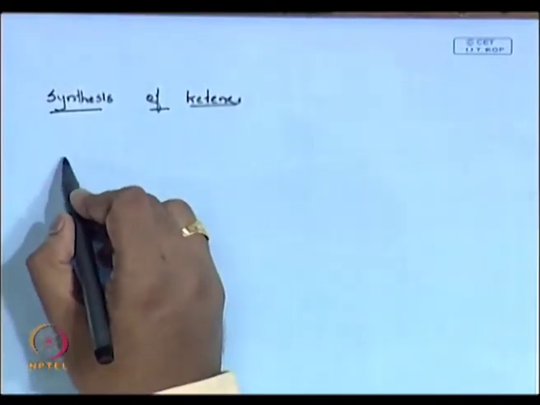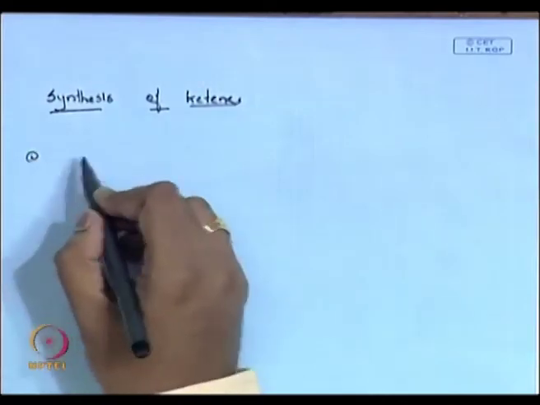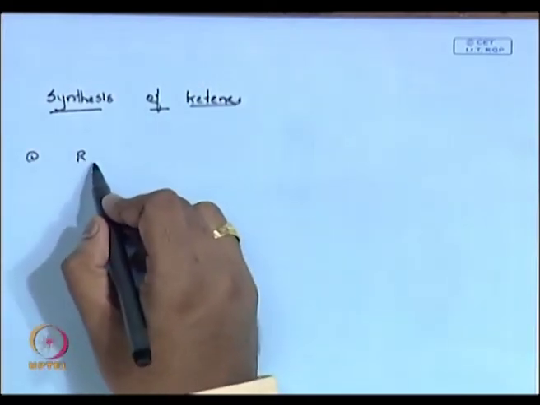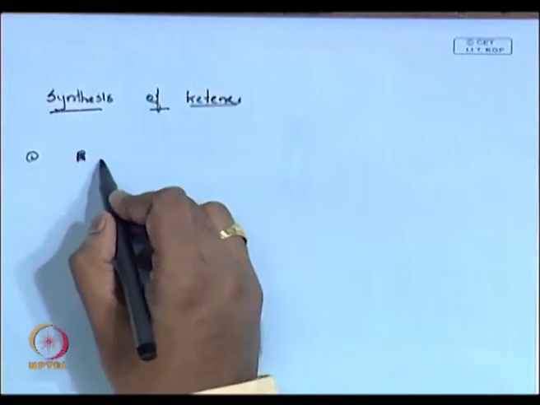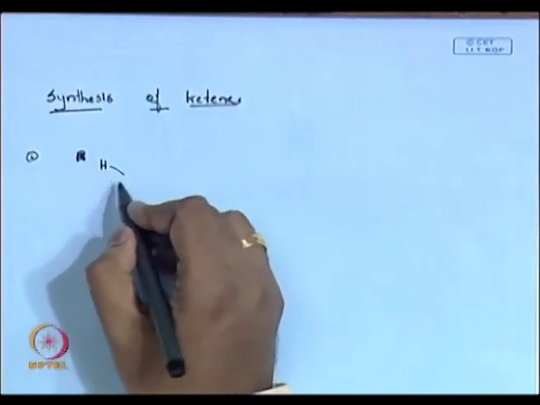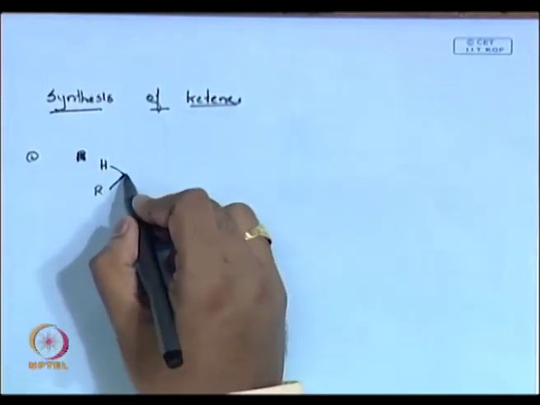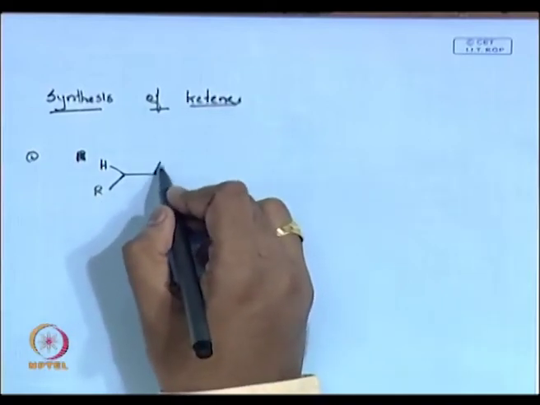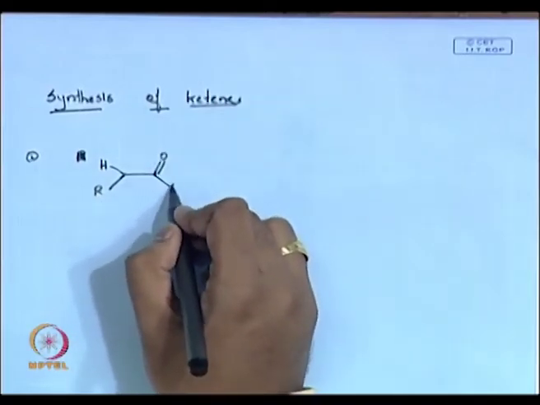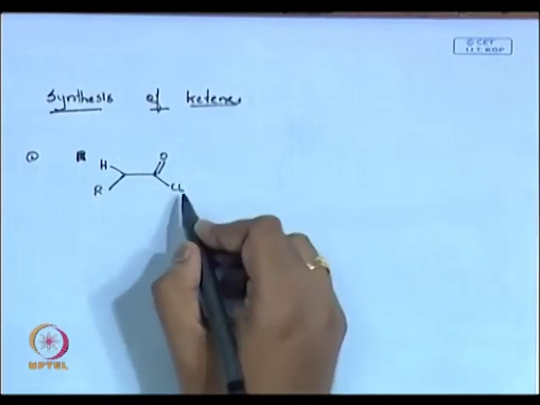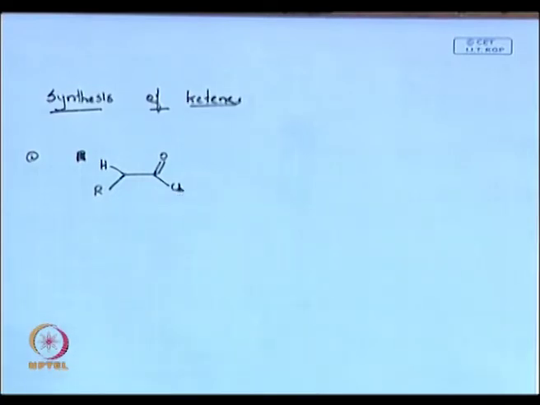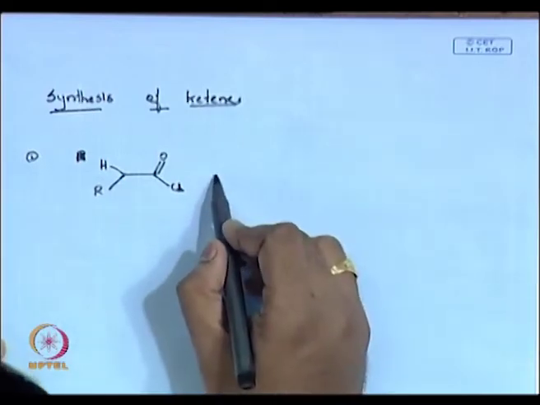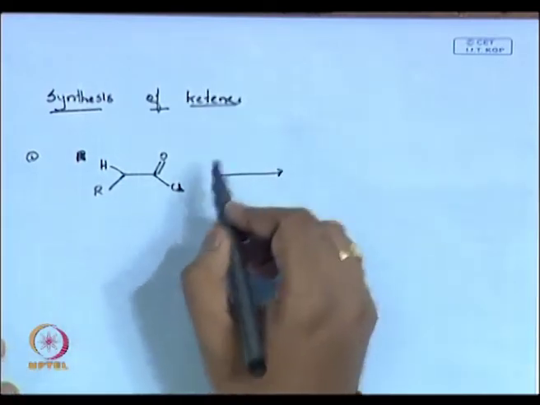You can know that the first normal method people use for the synthesis of ketene is your acyl chloride. You can take this acyl chloride and use your triethylamine.